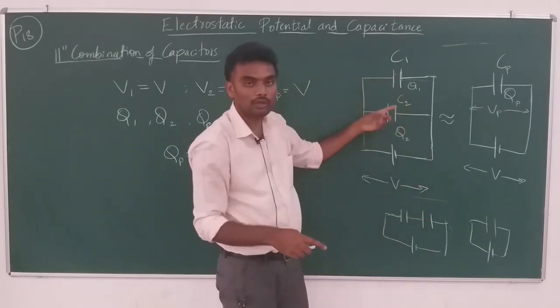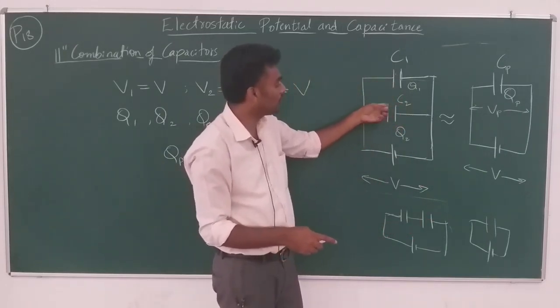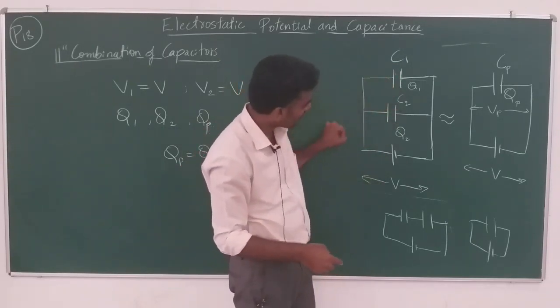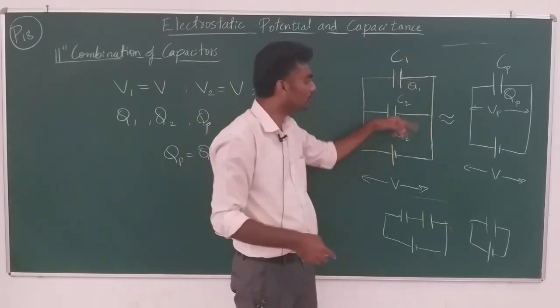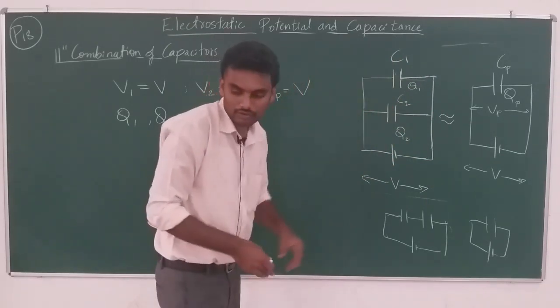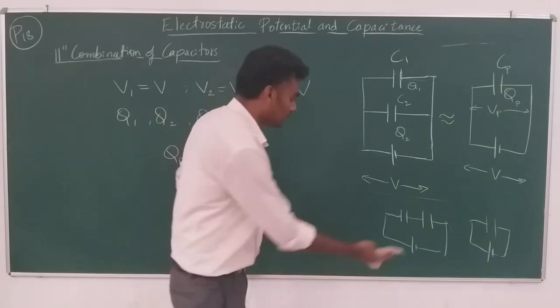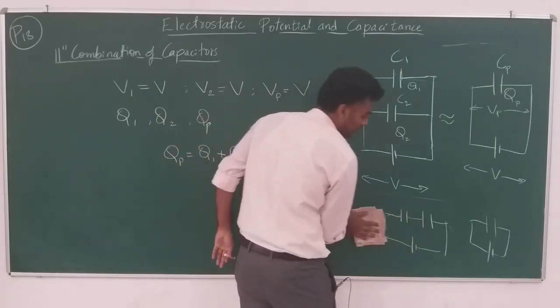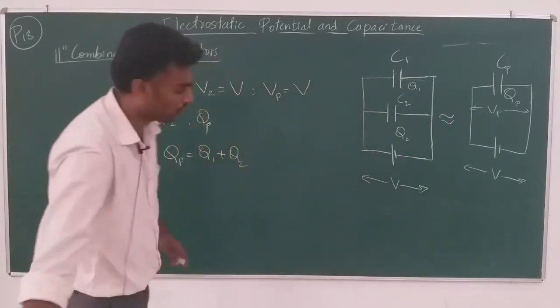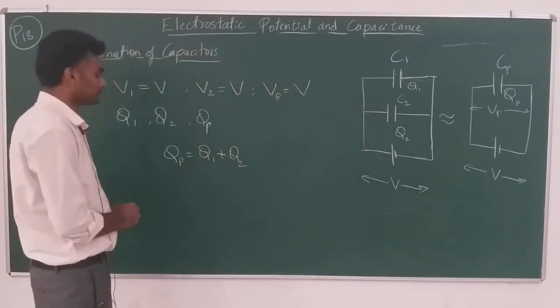But here it has two capacitors, so it can pull from this and from this. So it will pull from both the capacitors and push them to the other side, so that both the capacitors get charged, okay. So it's about the ability of the battery to pull and push the electrons. That is how you can connect things. So that makes QP equal to Q1 plus Q2.